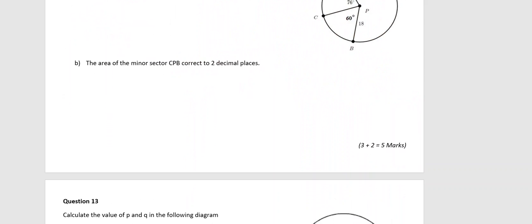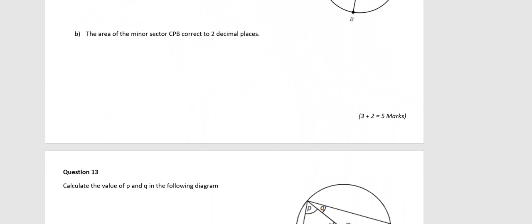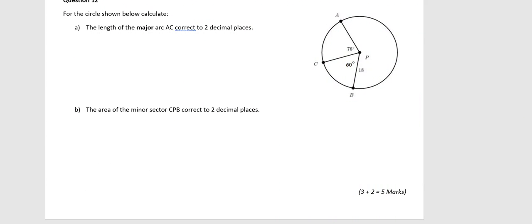Next question, find the major arc of AC. Okay, so major arc means this all the way around here. And we know that that's 76 degrees, so we'll just go 360 minus 76, because that gives you the angle all the way here, divided by 360 times the circumference of the circle.